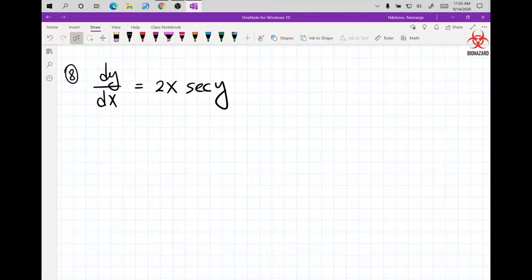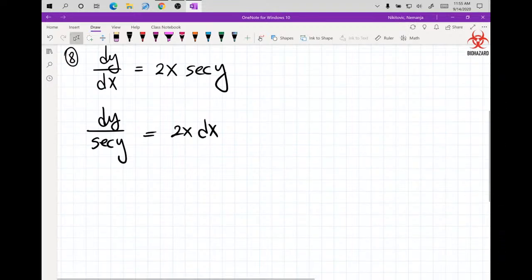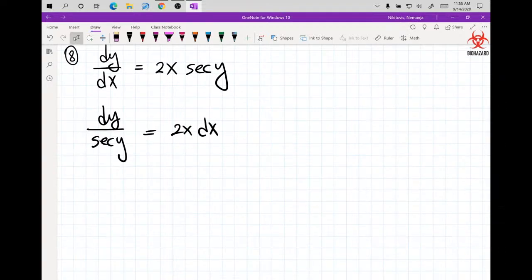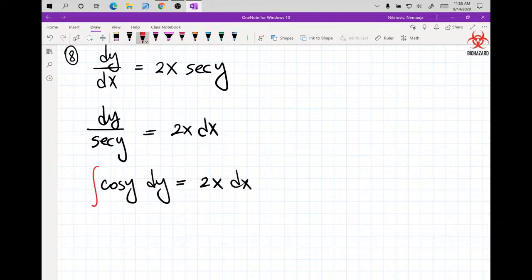But when you move the secant to the left and you leave 2x dx on the right, you see that 1 over secant is cosine. So you actually have a very simple problem to deal with. And you hit both sides with the integral sign.